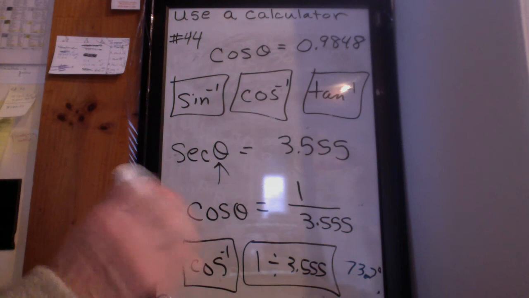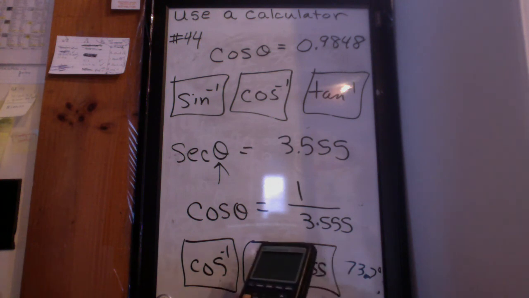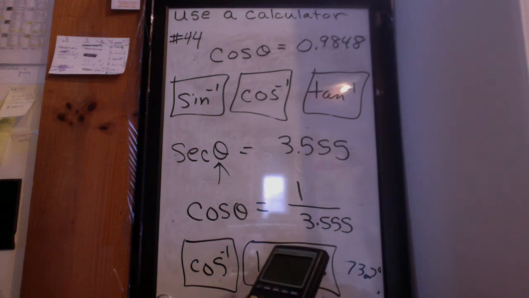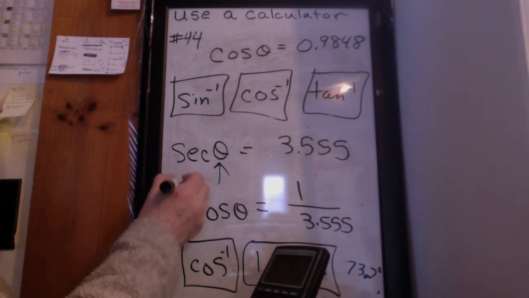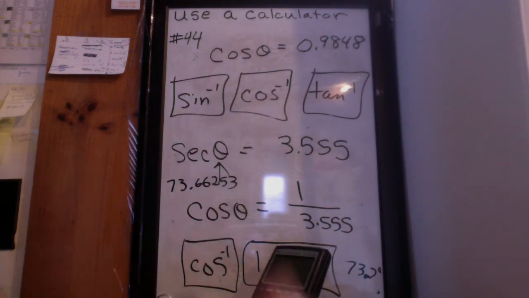Okay, I don't have much room on the board, but let's do it here. I'm going to start from scratch again. So, second cosine, 1 divided by 3.555, close parenthesis, and I get 73.66253, and it goes on forever.